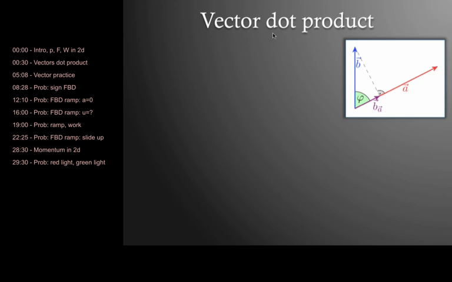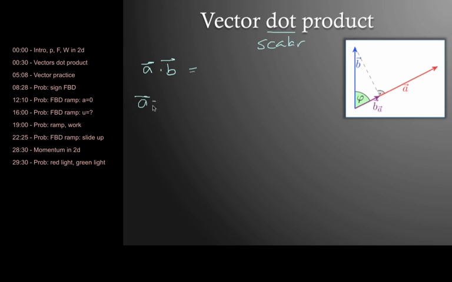But first let's talk about the vector dot product, or the scalar product. So let's take two vectors A, and then we're going to multiply them together. So this multiplication, A dot B, we talked about how to do this.